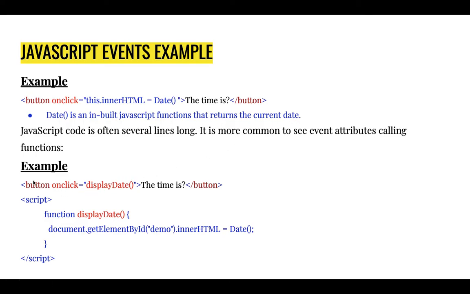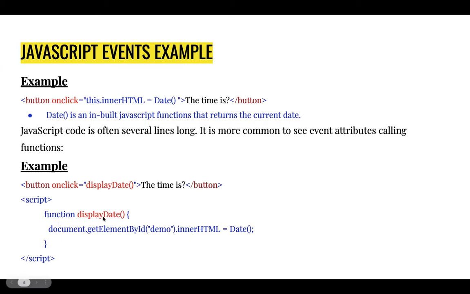In this instance, we have the onClick attribute that is calling this displayDate function. This function was created using internal scripting, and it should be placed just before the closing body tag.